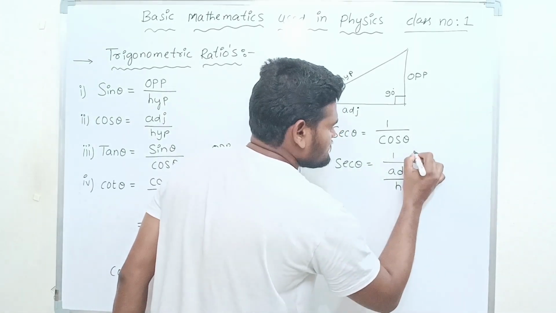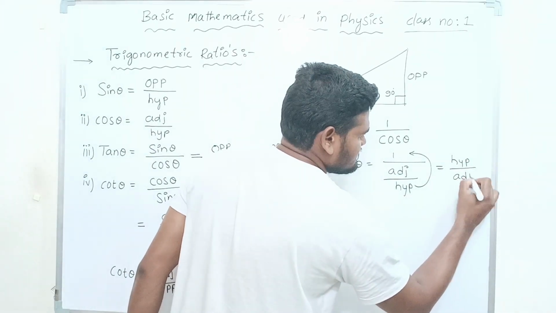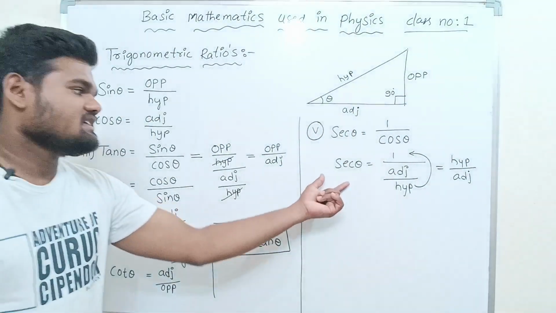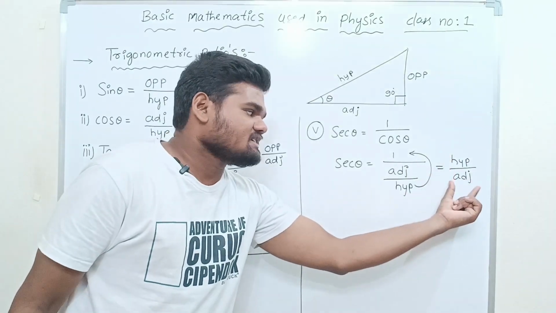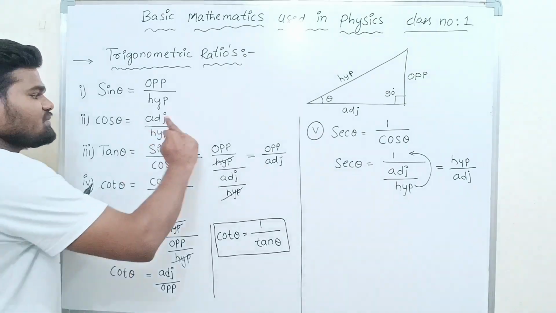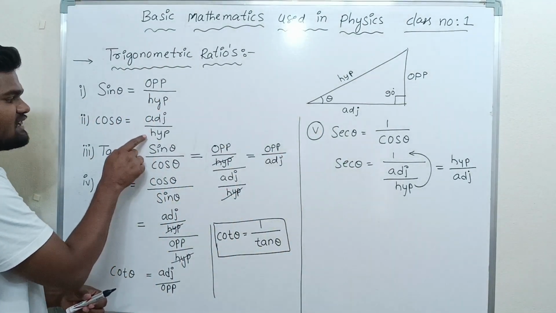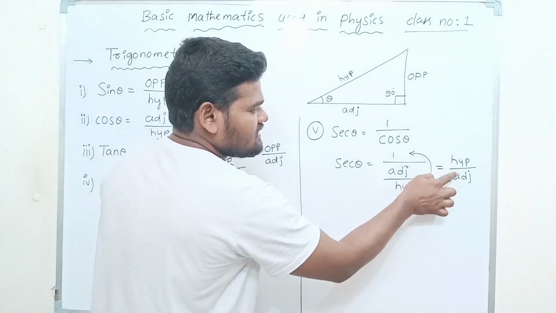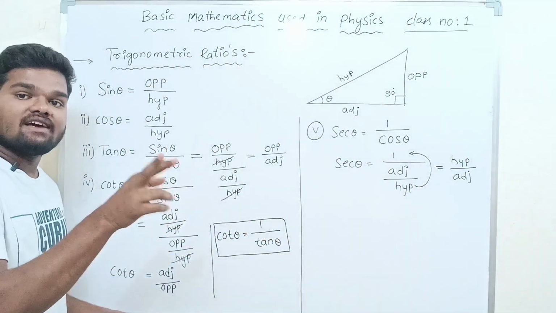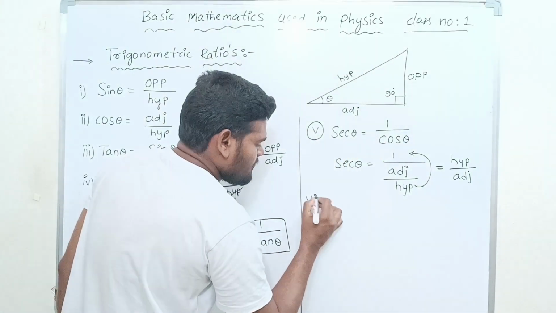The hypotenuse comes to the numerator, and it becomes hypotenuse by adjacent side. So sec theta is hypotenuse by adjacent side. We just take the reciprocal of cos theta to get sec theta.